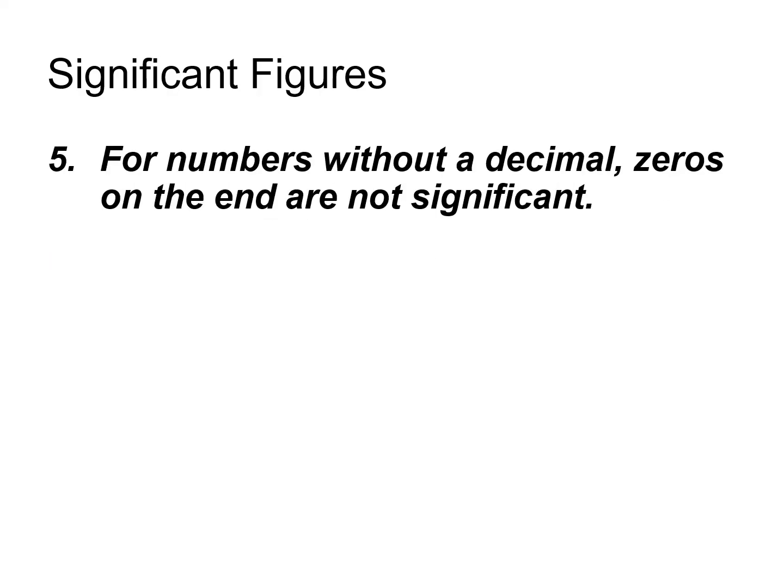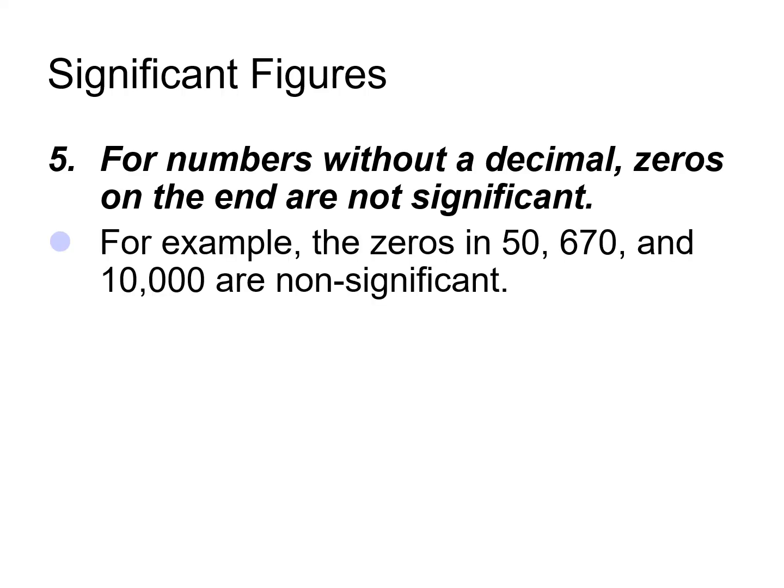If you have a non-decimal number, just a plain old number with no decimal, any zeros on the right are not significant. So for example, if you have 50, 670, 10,000, none of those zeros count.